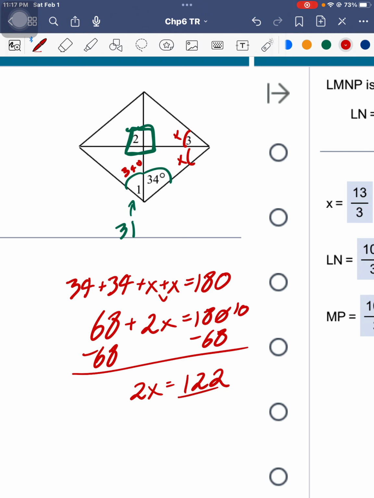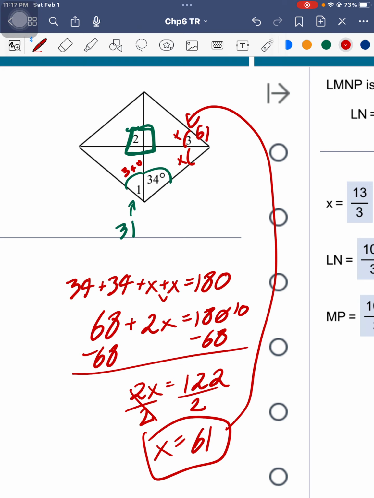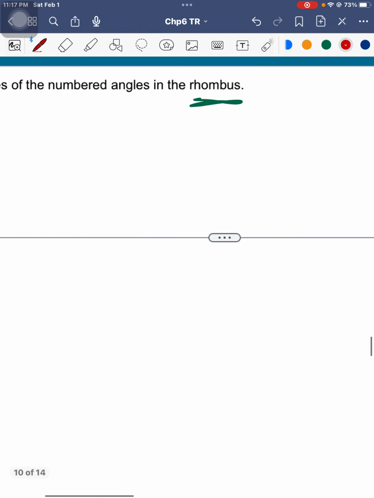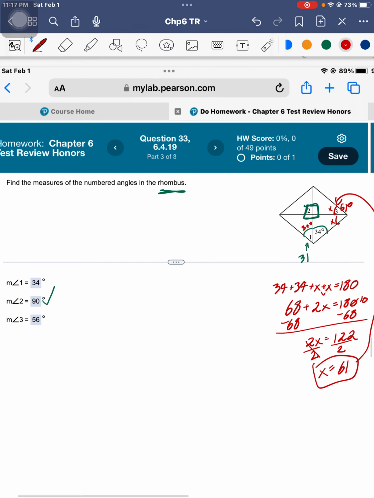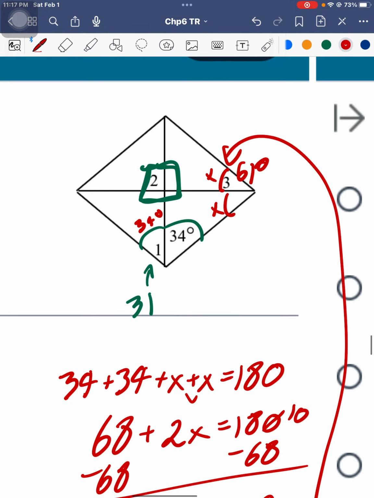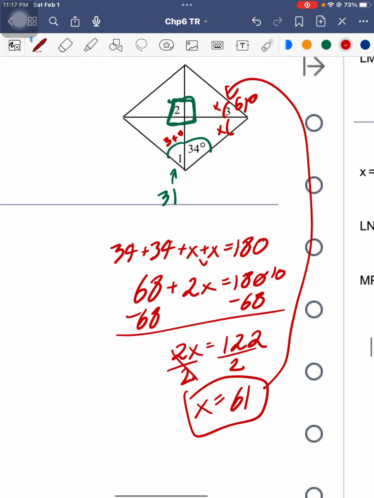So this divided by 2, x should be 61. So x is 61, and if x is 61, measure of angle 3 is 61. What? Uh-oh. Oh! I'm tripping. Wait. What did I do wrong?